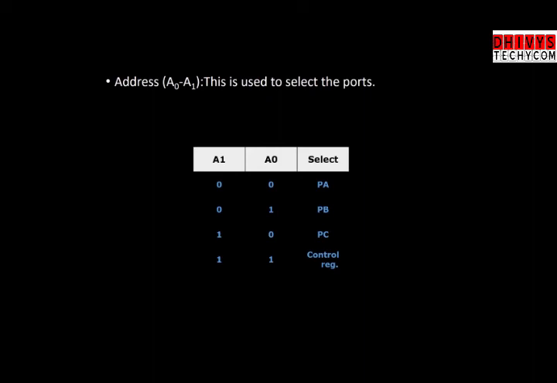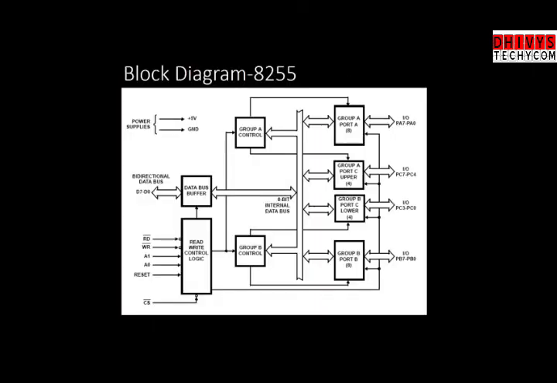So we just came to the last part of our presentation, which is the block diagram of 8255. Here it is a very neat diagram again, because it has been highlighted in that way. So you have group A. We just want to target the centermost part of this diagram.